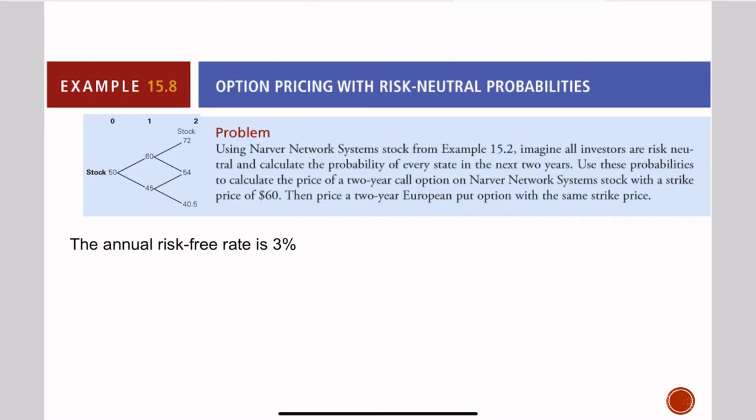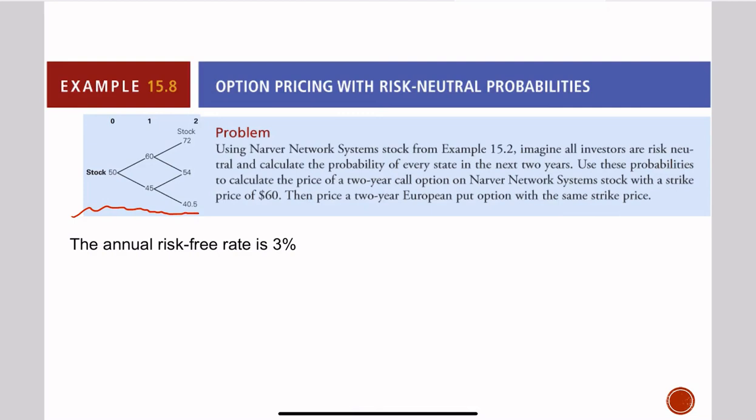And you can see that the picture on the left gives you stock prices. And we know that if you give me share prices, I can find out risk neutral probabilities, right? And use these probabilities to calculate the price of a 2-year call option with the strike price of 60 and price a 2-year European put option with the same strike price.